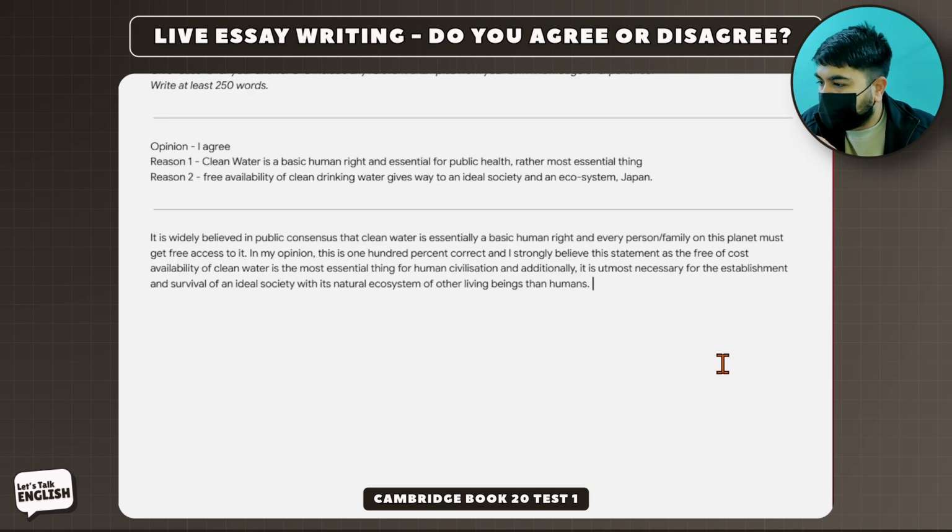Now we're going to get into the next paragraph that talks about essential for public health. I am going to give two reasons behind my opinion, so a great connecting word here could be firstly.